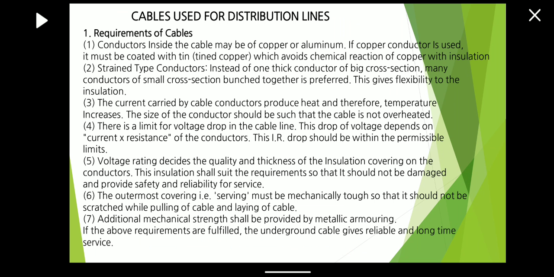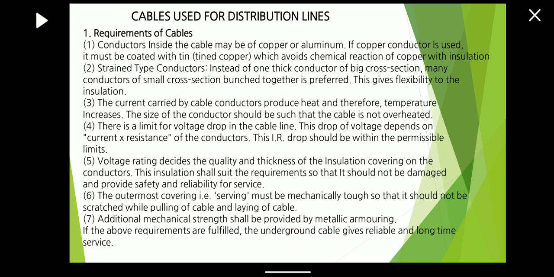So first, what are the requirements of the cables? First, the conductor inside the cable may be copper or aluminium. If a copper conductor is used, it must be coated with tin, or tinned copper, which avoids chemical reactions between the copper and the insulation.